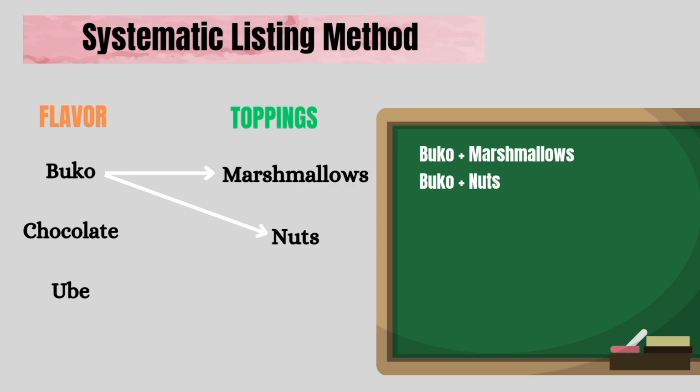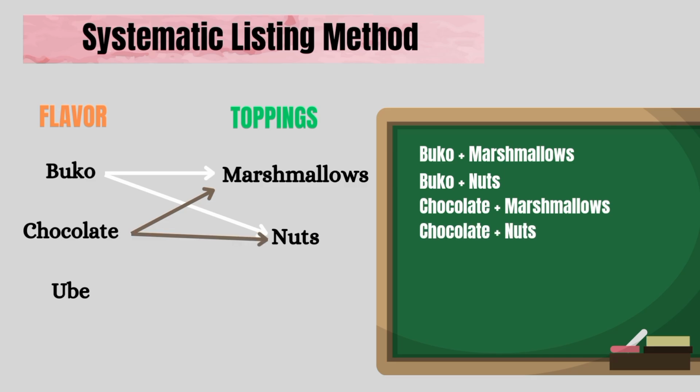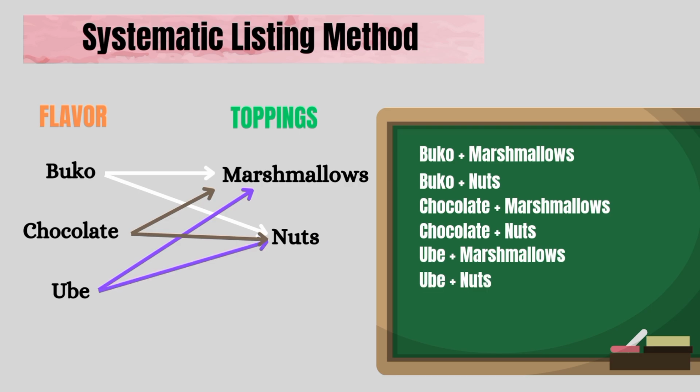Repeat this action for the remaining objects: chocolate plus marshmallows, chocolate plus nuts, then ube plus marshmallows, and ube plus nuts. Now, after you're done with listing, count the listed pairs or match-ups of ice cream.